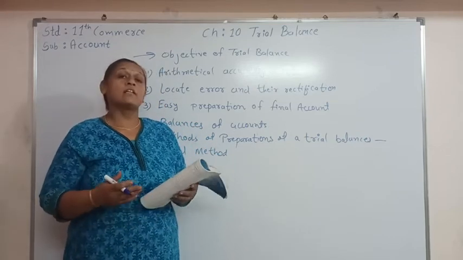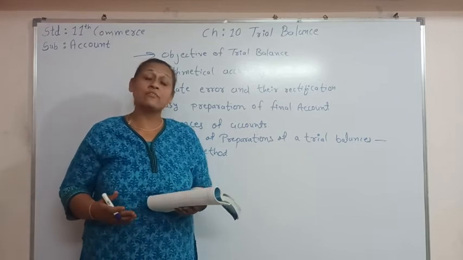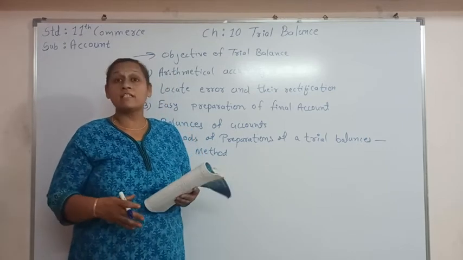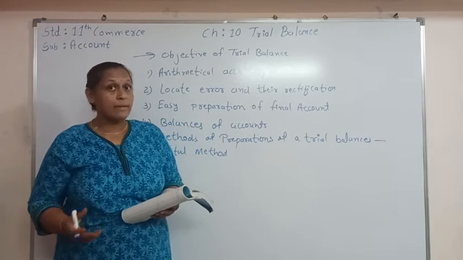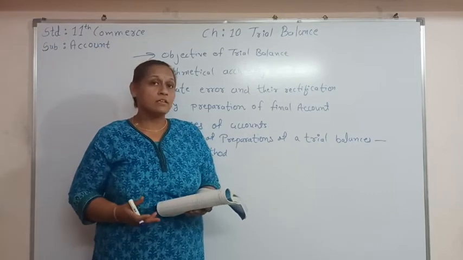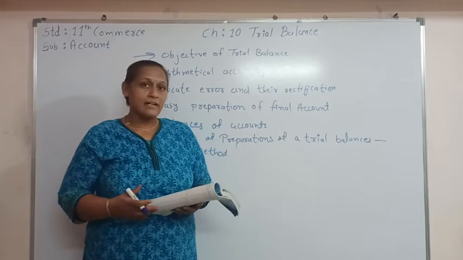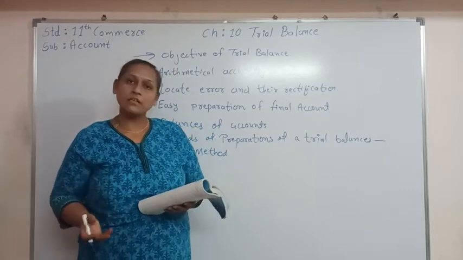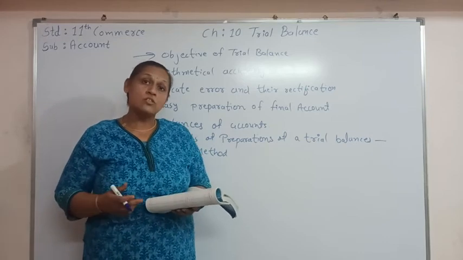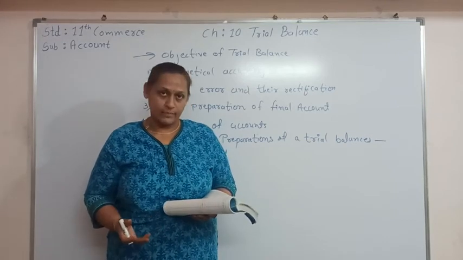The sums related to the total method we will see in our next video, the second part of the same chapter. We put the debit side total on the debit side of the trial balance and the credit side total on the credit side of the trial balance. That type of method is called the total method.